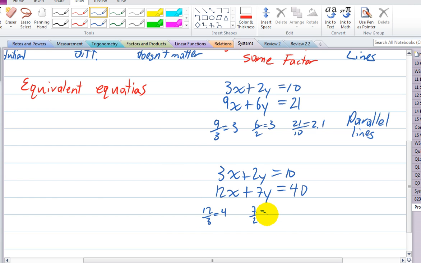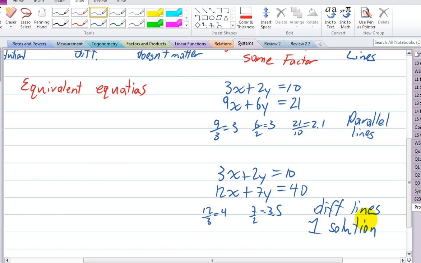That equals 3.5. So right away here you can say these are different lines. One solution. I don't even bother checking C because C could be the same or not. It doesn't matter. But if I have a different slope, those lines cross once, one solution. Okay.